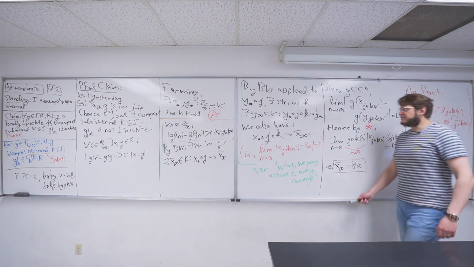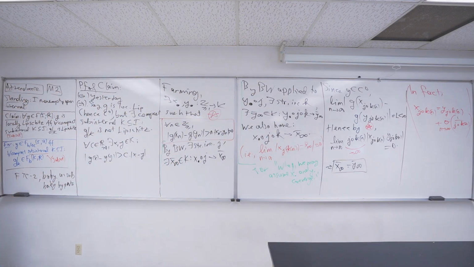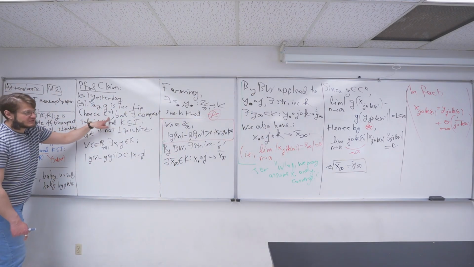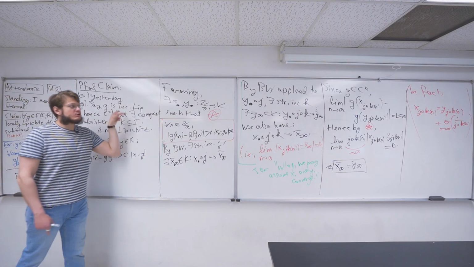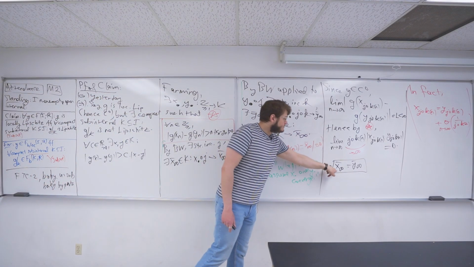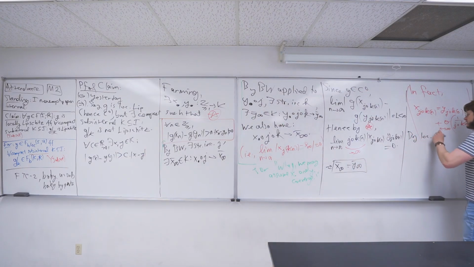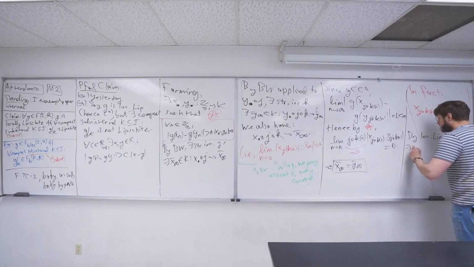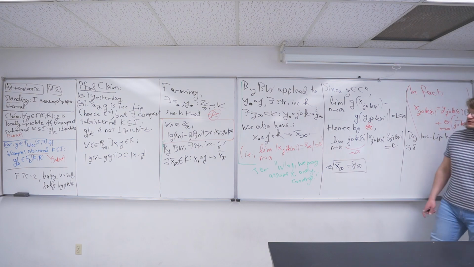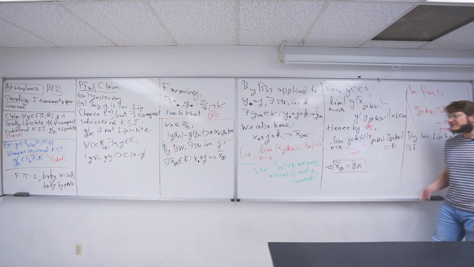Now, the only hypothesis that I haven't used is really the fact that G is locally Lipschitz. So far, I only used that it is continuous. But now I want to use the local Lipschitz property. I'm going to apply the local Lipschitz property of G to a neighborhood of this. By the local Lipschitz hypothesis, there's a delta such that G restricted to the delta neighborhood of this limit point is Lipschitz.